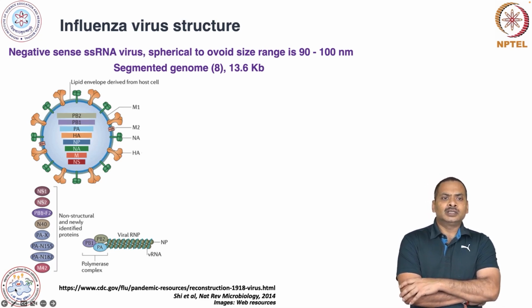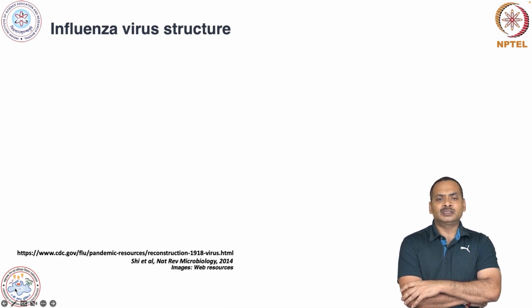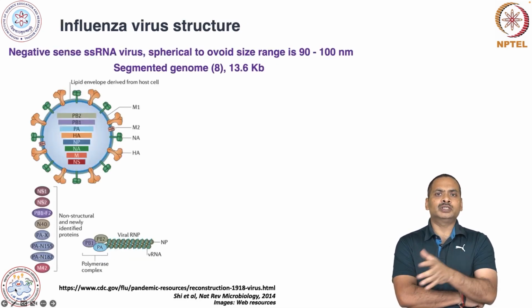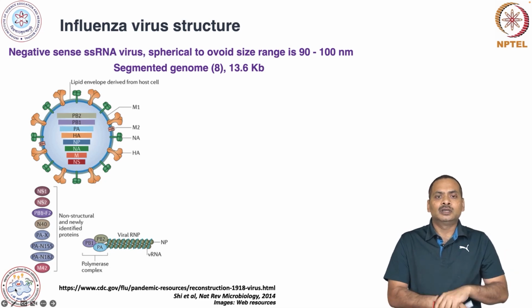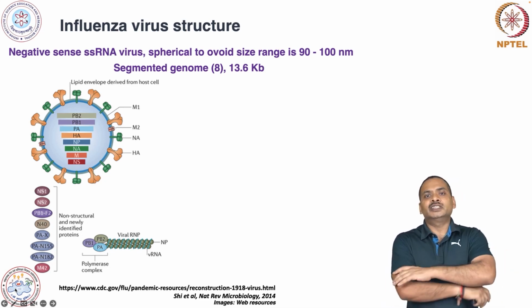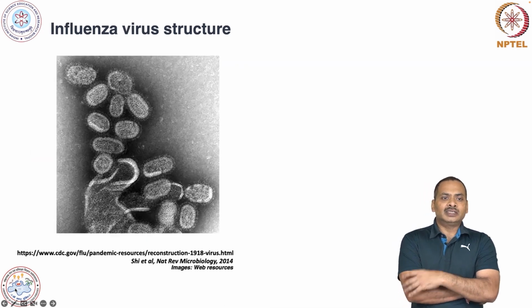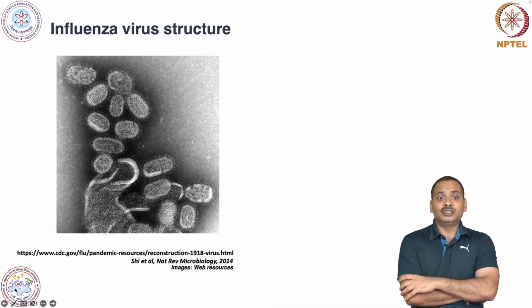And there is a polymerase. This is PB1, PB2 and PA. This makes a polymerase complex, and this is needed for the replication of the virus. Here this is an electron micrograph of influenza virus, which is in black and white.